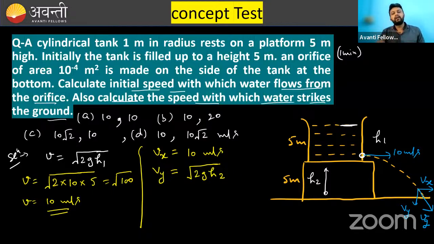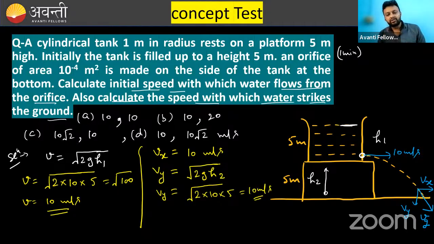This formula came from the kinematics third equation, v square equals u square plus 2gh. So if you solve it out, velocity in the y direction is root of 2 into 10 into, and what is the height? This one is again 5. So velocity in the y direction is again 10 meters per second.